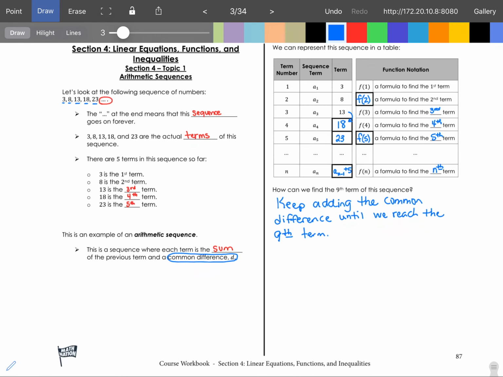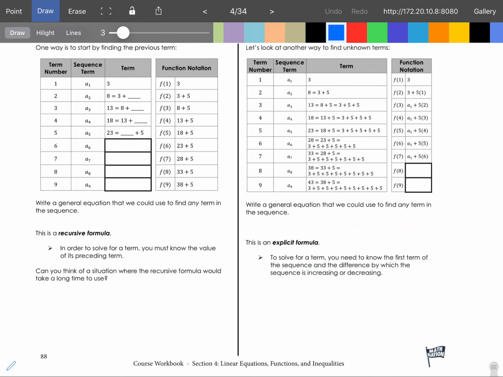One way is to start by finding the previous term.